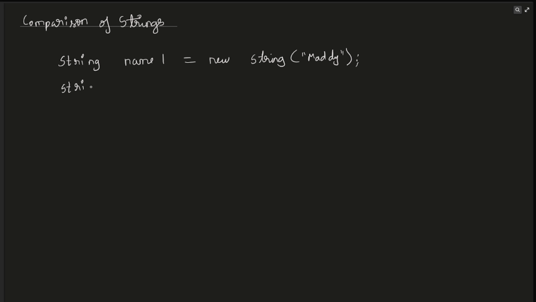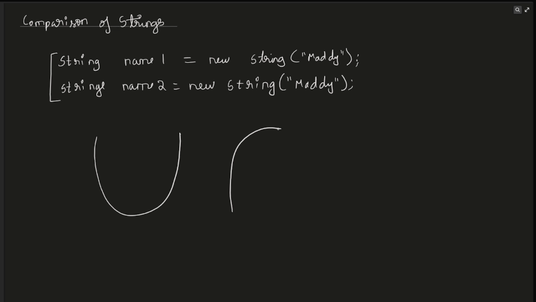Just repeat the same line with a change in reference variable, and we'll pass the same object value. Let me show you how stack and heap works for these two lines. Stack and heap.